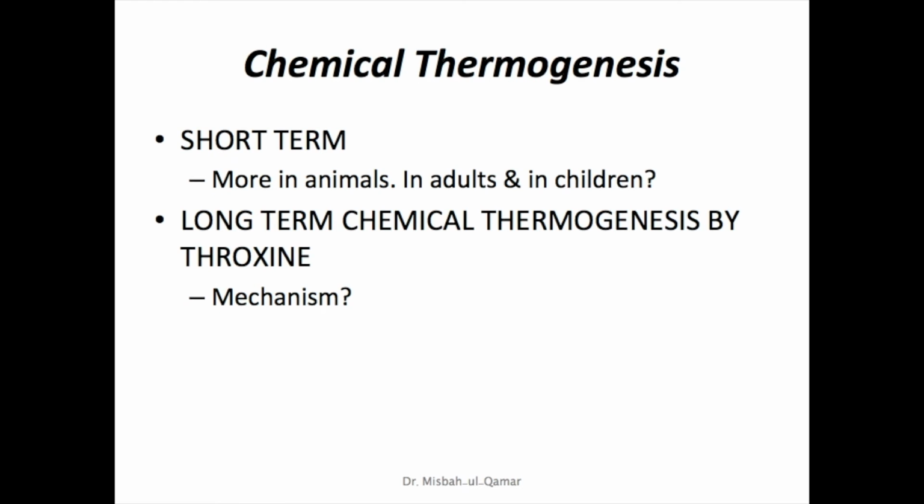Now, moving on to the chemical thermogenesis, and as I already told you, it could be short term or long term. The short term chemical thermogenesis is basically due to high cellular metabolism.